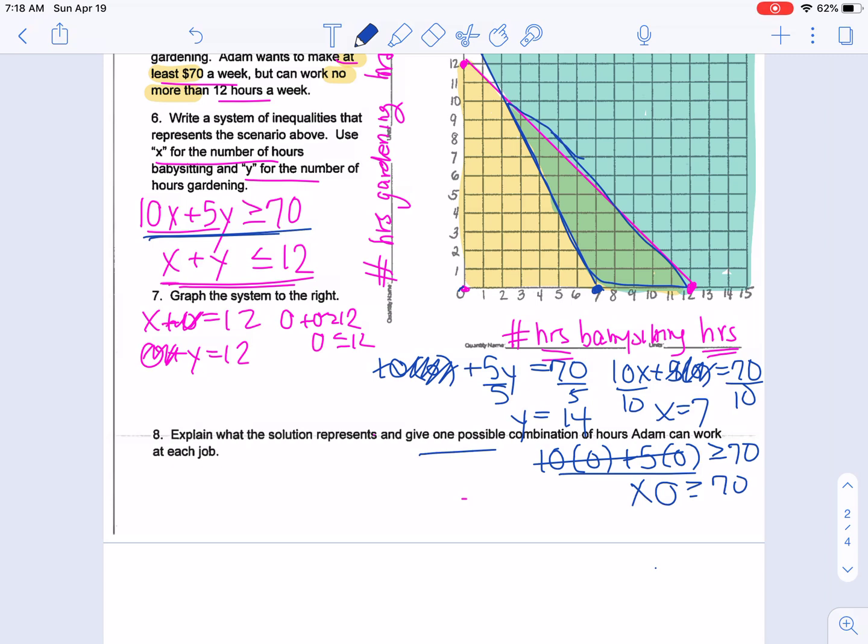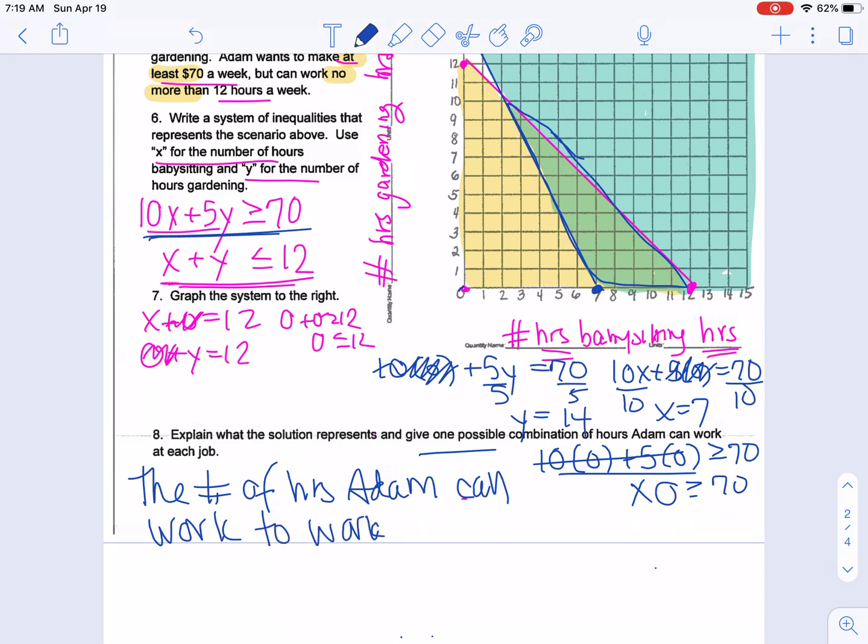The number of hours Adam can work to work no more than 12 hours and make at least $70.